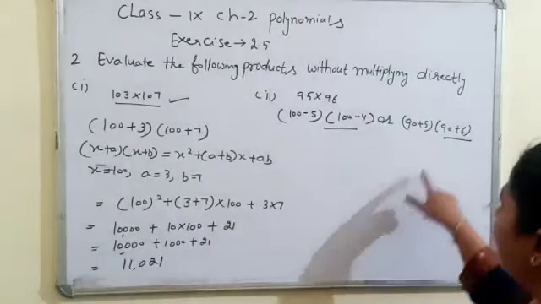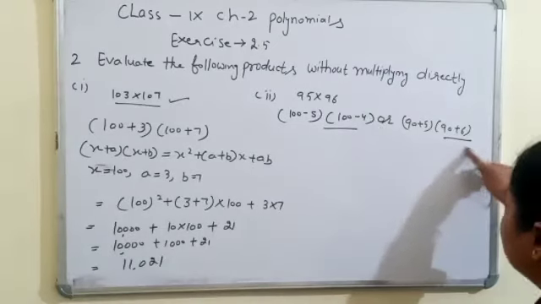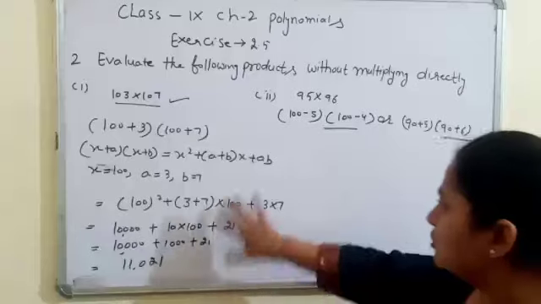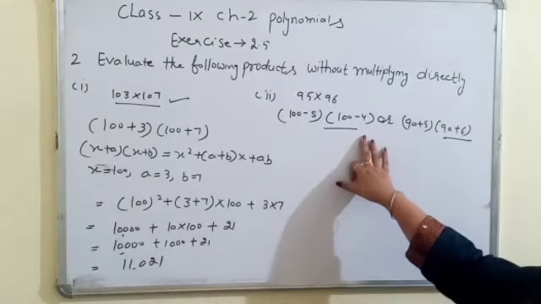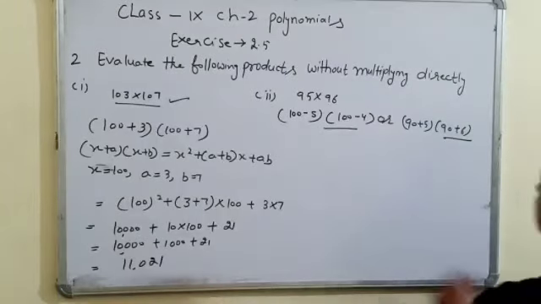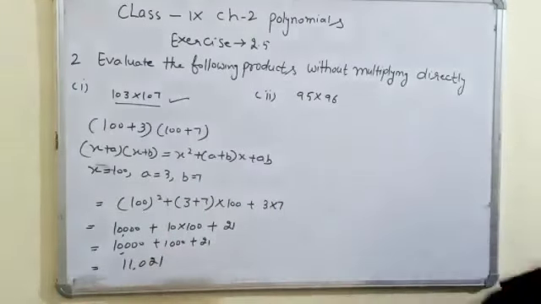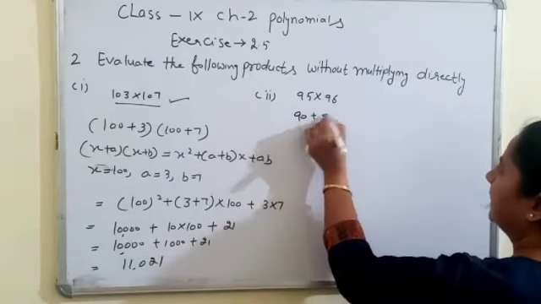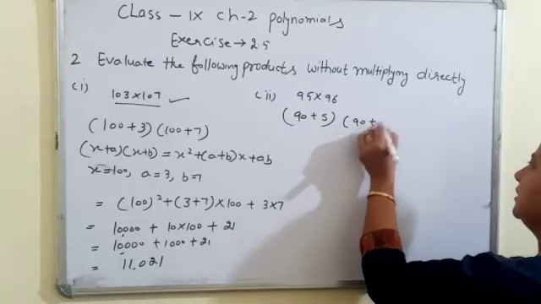Now in the second question I am going with this arrangement, because in the first question we have already solved with the help of 100. So in the second problem I will solve it with the 90 plus arrangement. So 95 is 90 plus 5, 96 is 90 plus 6.